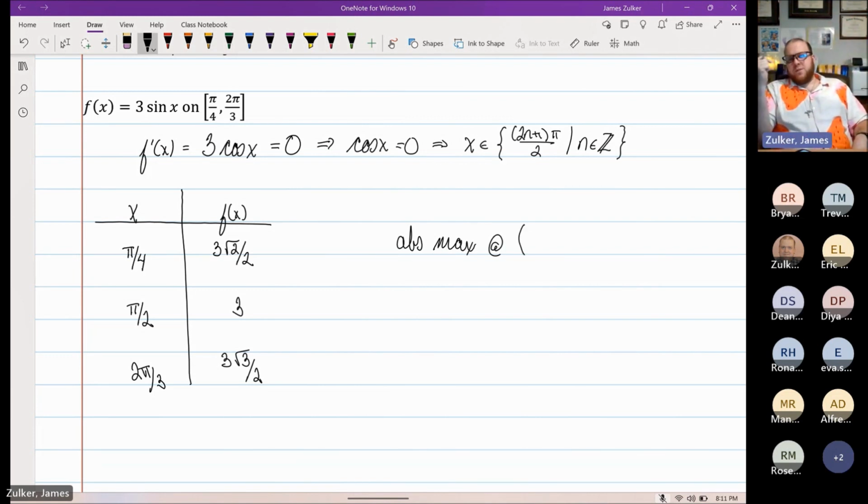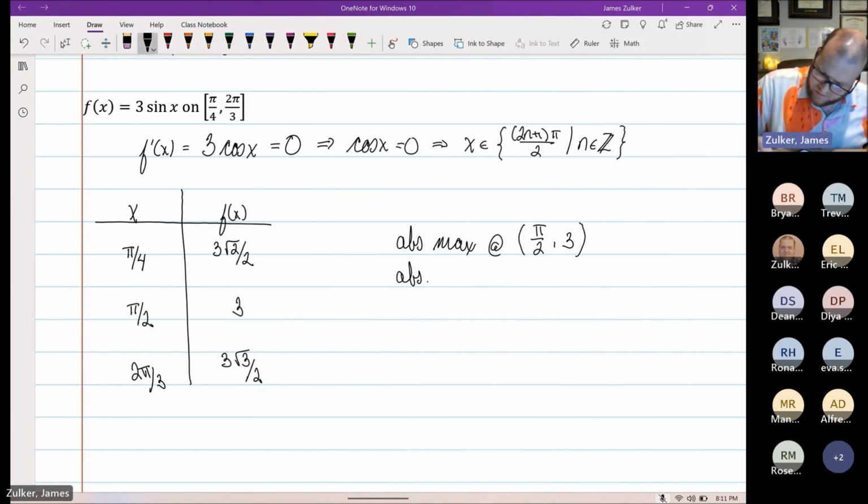And so the absolute max, we just look for the largest value. It's obviously 3. Now we want the smallest value.